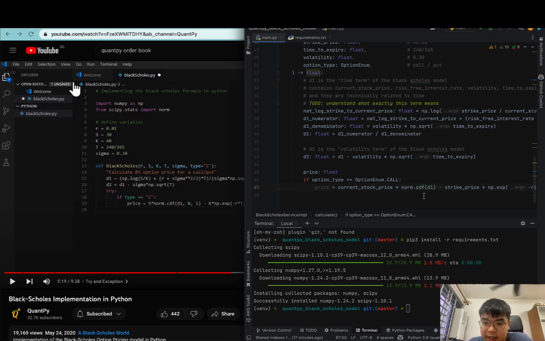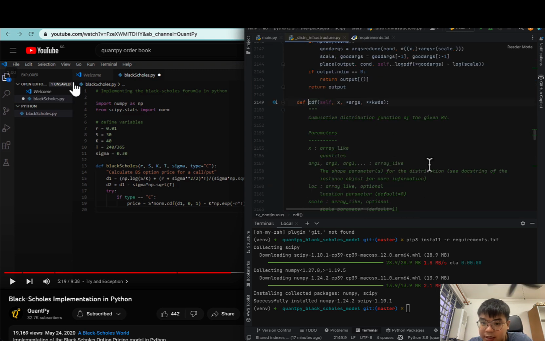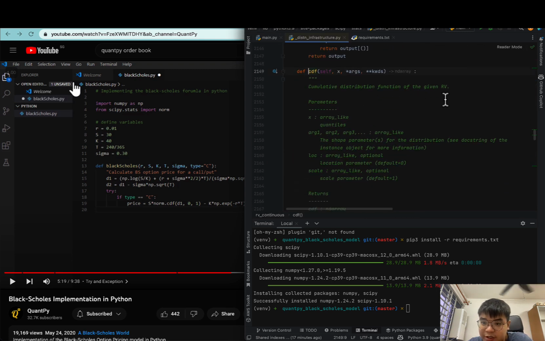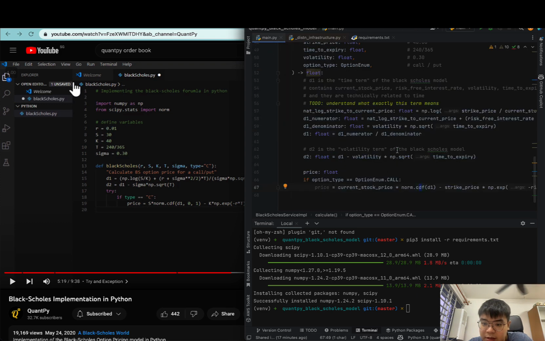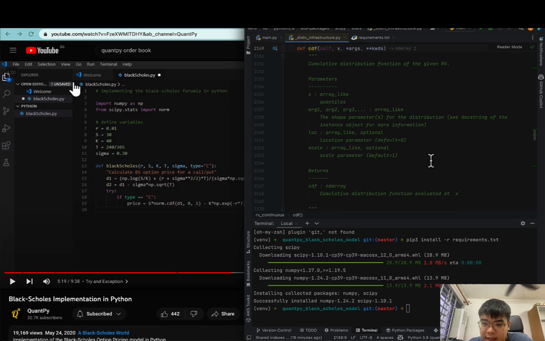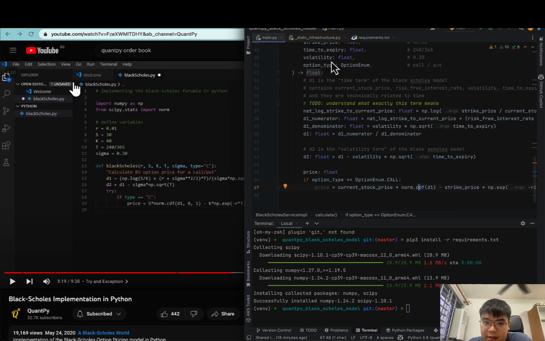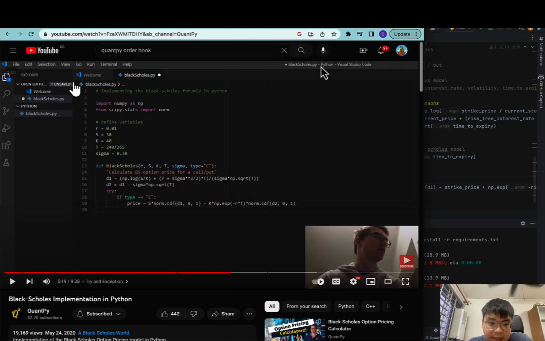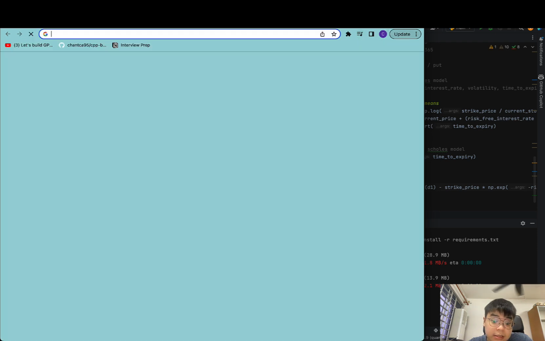Okay, let's look at the function signature. Cumulative distribution function of the given RV. X is the array-like quantiles, so that is D1 in this case. And you know what? That documentation is pretty bad. So let's take a look at the SciPy stats norm cumulative distribution function method.